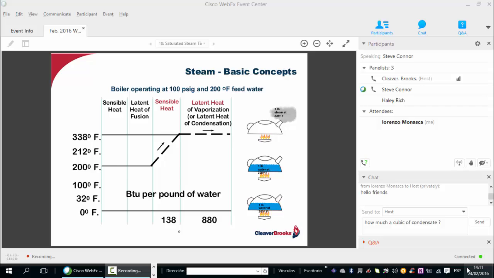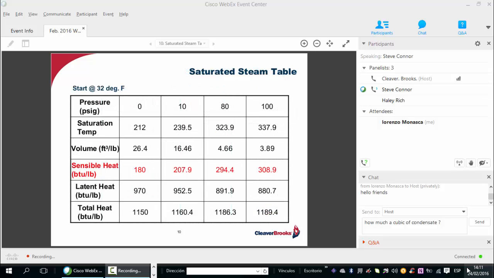Now let me show you another slide just to drive home this point. Here you see an abbreviated steam table, which I think clearly exemplifies the point. Note the pressures across the top horizontal, going from 0 psig to 100 psig. Then follow the red highlighted sensible heat line as we go from 0 gauge pressure to 100 pounds.